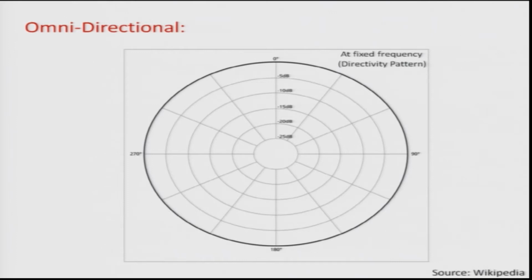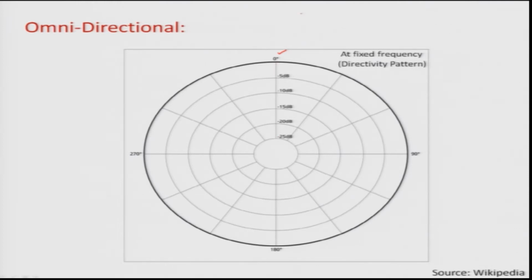So, what do you have in this picture? This is the 0° angle. If the sound is coming from 0°, let us look at this dark line, and let us say that the noise level is 0 dB. If I am closer to the center, then I have fewer dBs.